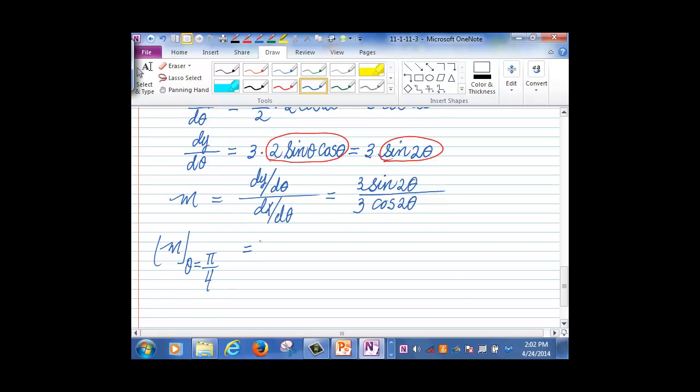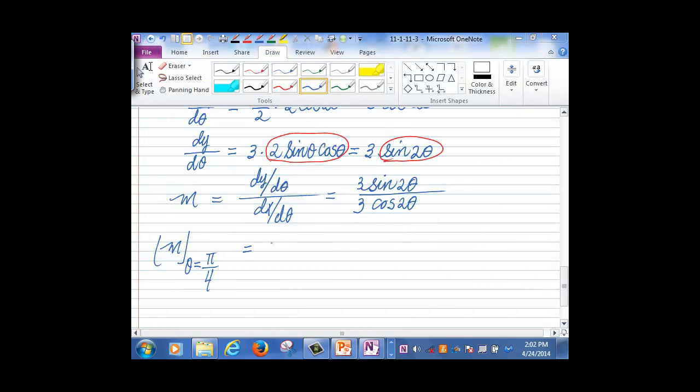So I have to replace theta by pi over 4, right? You guys agree with that? What do I get? What's the slope at pi over 4? When theta is pi over 4, what's the numerator? 1. I mean, we are cancelling out the 3. And then denominator? 0, right? Well, so it's undefined.